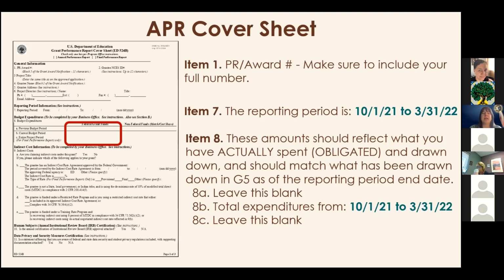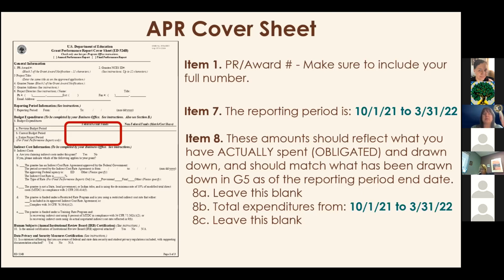Item number 8 here is where you're going to actually enter dollar amounts, specifically in line B as in boy. You're going to enter the amount of your award that you have actually spent or obligated and drawn down. So the number that you enter into 5B should match what has been drawn down in G5 as of the reporting end date.